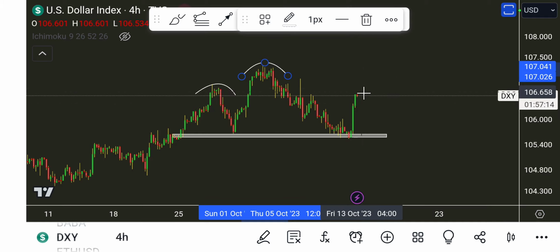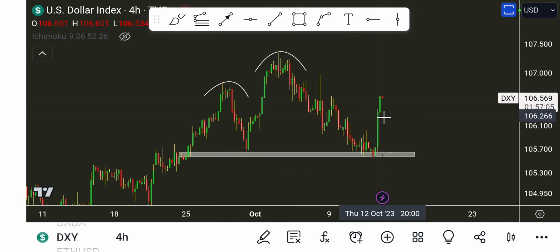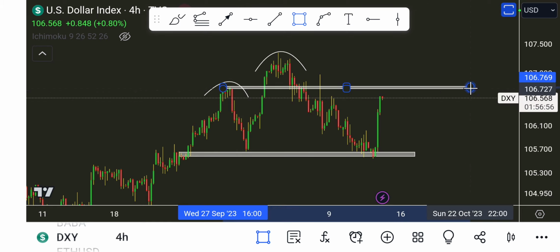So now what about the right shoulder? It is very important. So what I'm looking at here is for us to get that right shoulder, it can maybe actually stop at this level, but I'm looking at a potential pullback around this zone here.